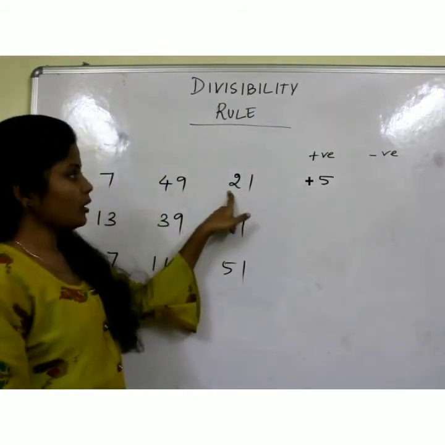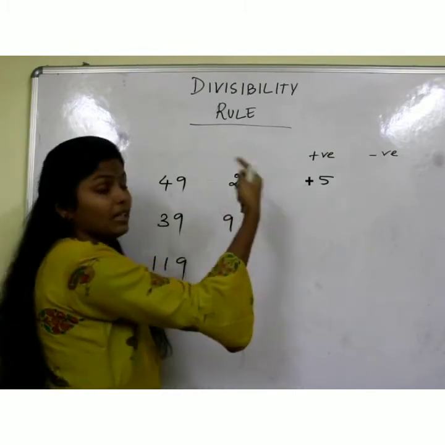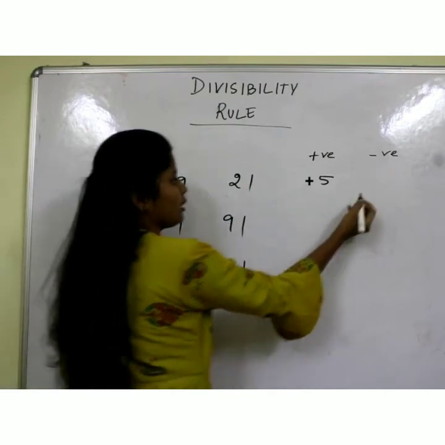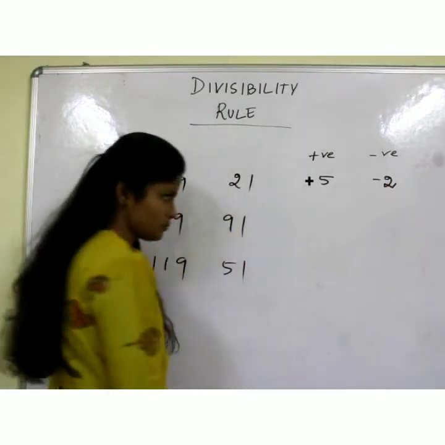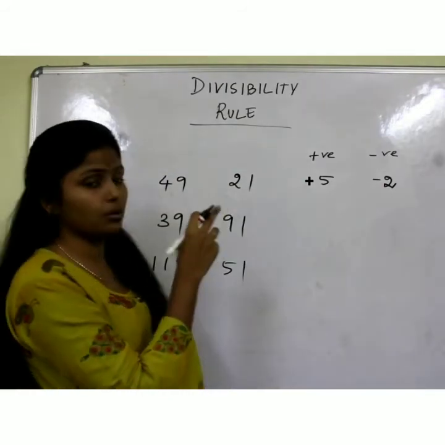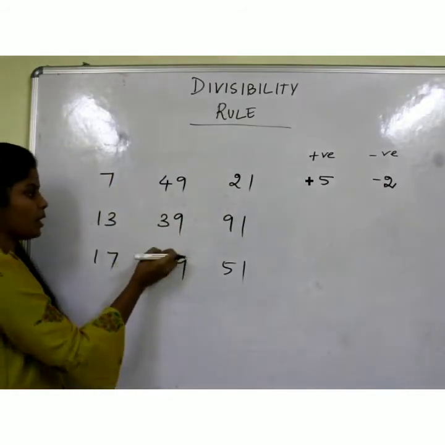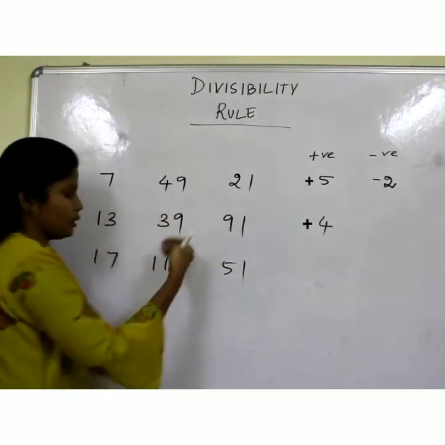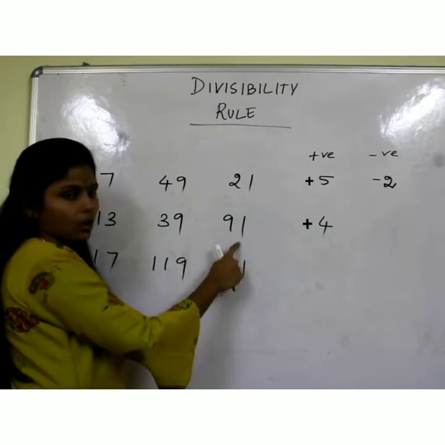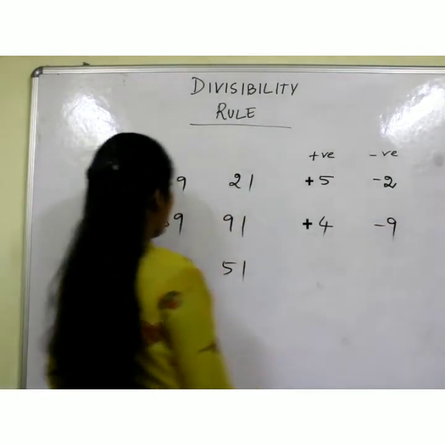And in 21, I have 2 tens completely and 1 is extra. I would be subtracting that one, then out of which I can make 2 tens. So that's the reason why I have included the negative sign over there. Similarly, in 39, I can make 4 tens by adding 1 to it, and by eliminating 1 from it, I can make 9 tens in it.